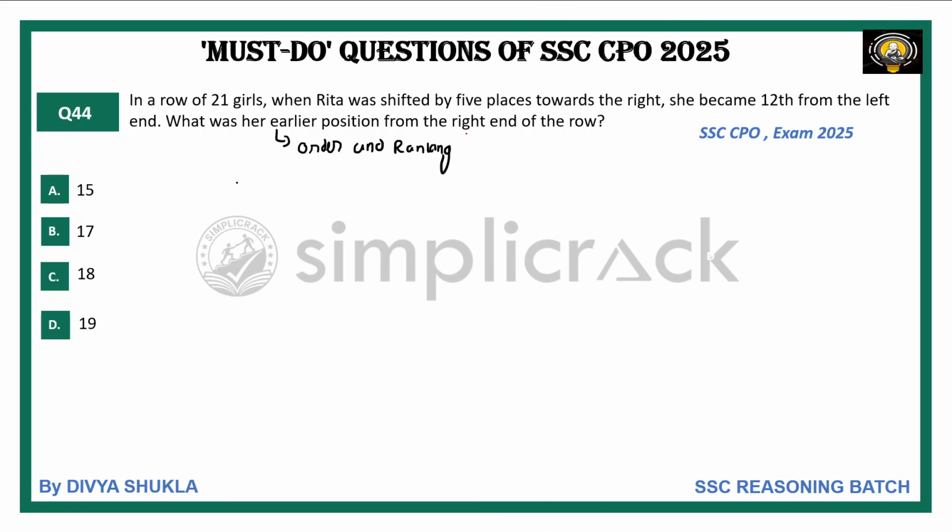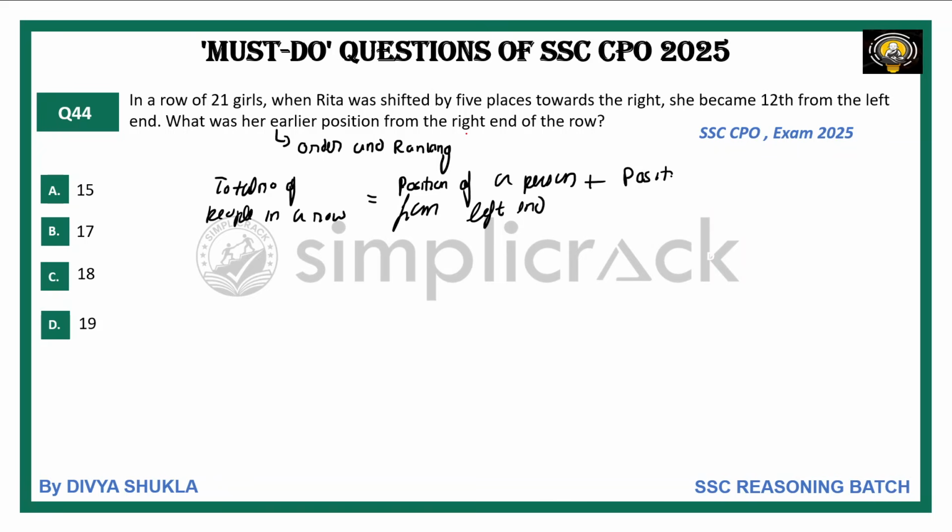In order and ranking, there is a formula to find the total number of people in a row. Total number of people equals position of a person from the left hand plus position of the same person from the right hand, minus 1.